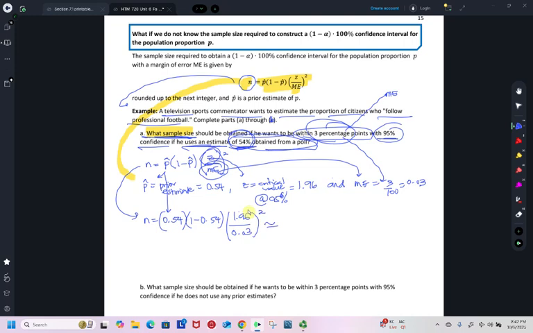On your calculator, you should get approximately 1060.2816. We're talking about human beings. So in this case, you must always round up. Always. Even if this is 2, you must round up. So you have 1061 citizens that should be sampled. This is the sample size that we should aim for if we want to achieve this goal.